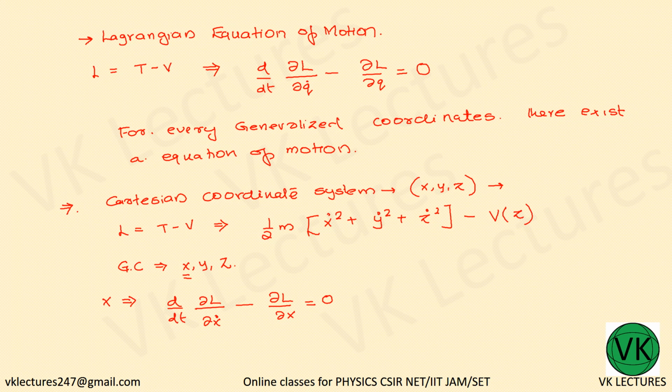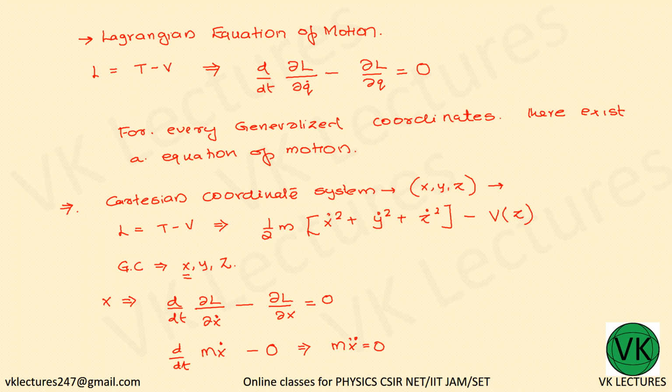Now d by dt of dou L by dou x dot is nothing but m x dot, minus dou L by dou x, there is no term, so that's equal to 0, which implies m x double dot equal to 0. So this is the equation corresponding to the generalized coordinate x.